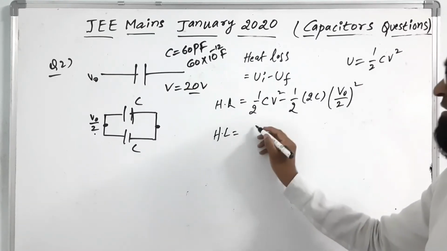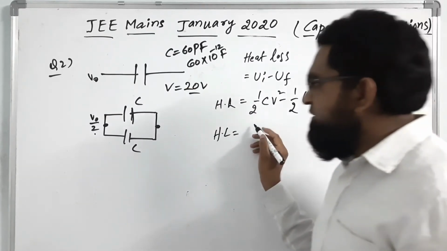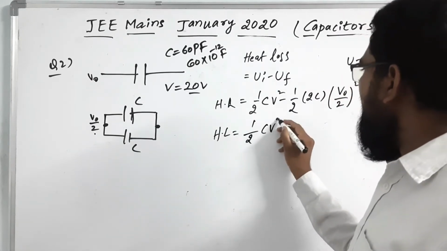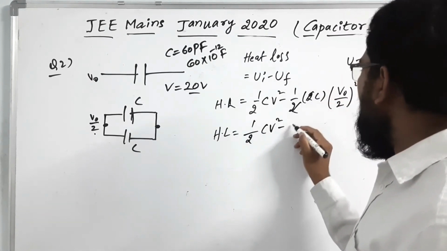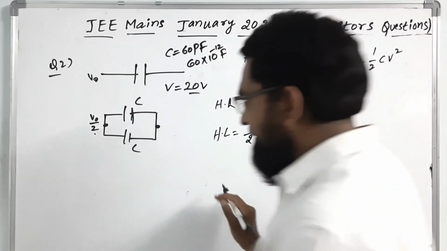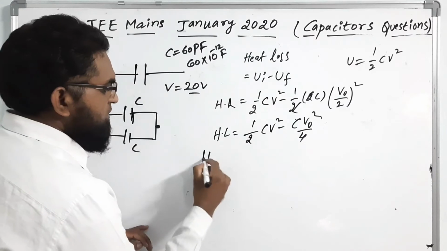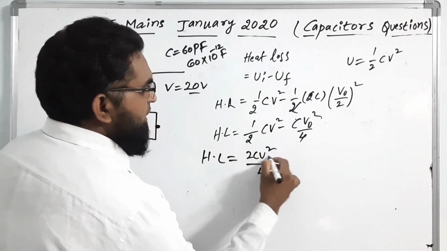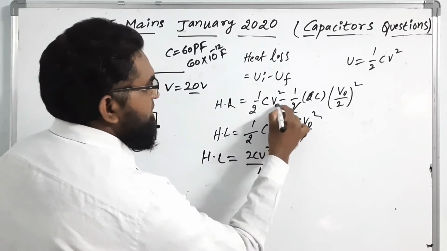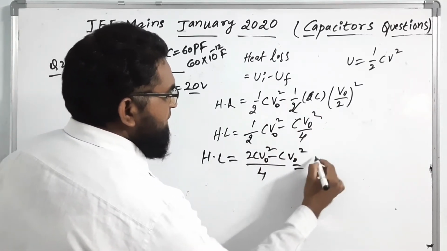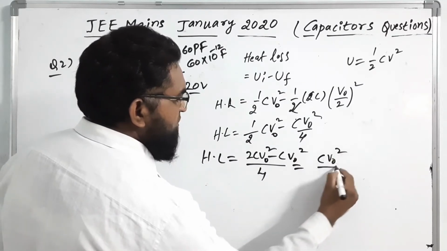Next, heat loss equals 1 by 2 CV square minus, 2 cancels here, CV naught square by 4. Next, heat loss, taking LCM 4, equals CV naught square by 4.